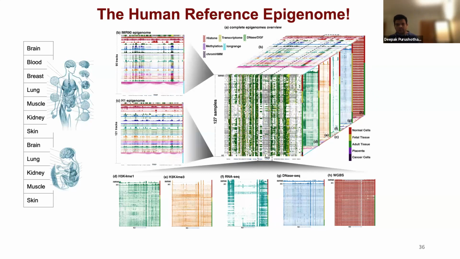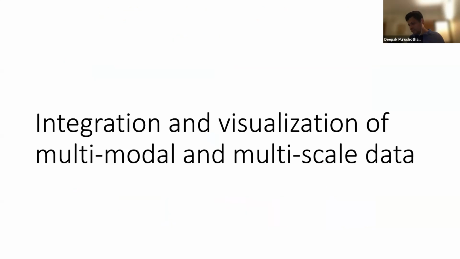So that brings me to the last part of what I want to discuss today: how do we integrate and visualize these different modalities and the data that could be of different scales? You are talking probably one is at a whole genome level, and some is something very targeted.